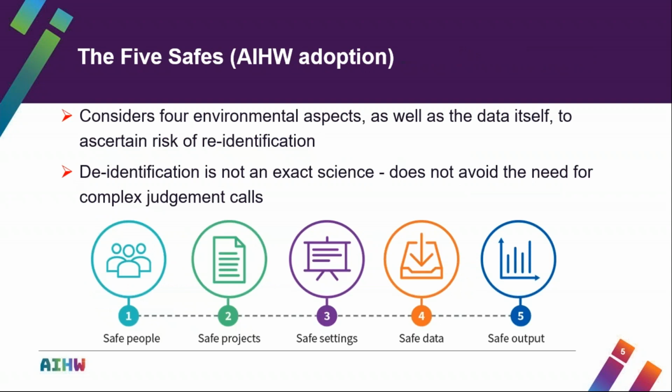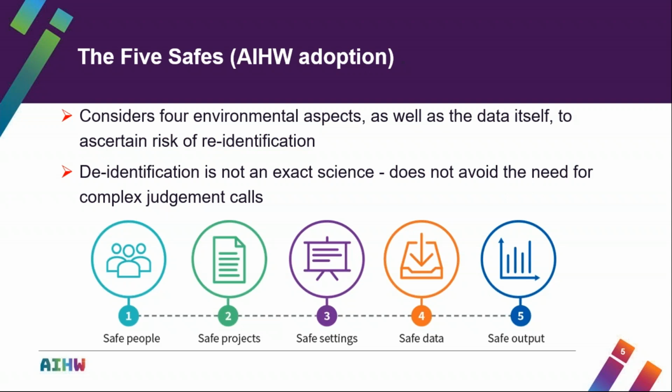But briefly, as part of considering the risks around linkage projects, AIHW have adopted the 5 safes model. We've really been operating under this model for a long time, but we've formalised it under this framework. It's also used by the Department of Health and the ABS and more generally, so it becomes a general reference framework.